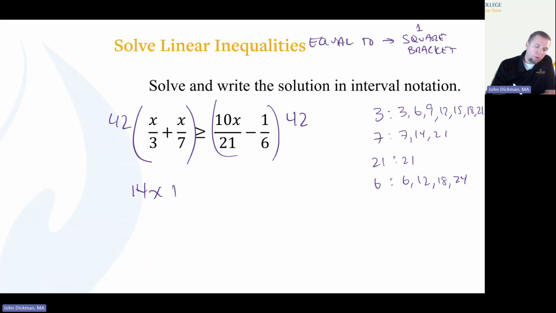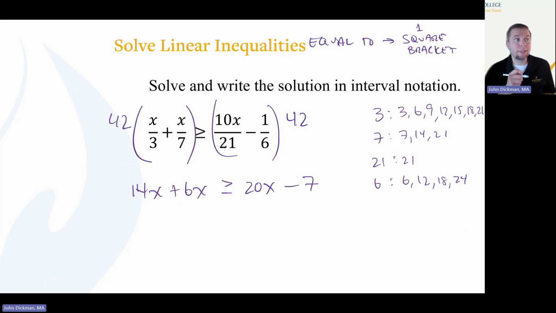And then 42 divided by 6 is 7. So I don't know about you guys out there, but I would much rather solve this second inequality that I have written than the first one. They're the same inequality. I just made it look different. And this one looks way more appealing.